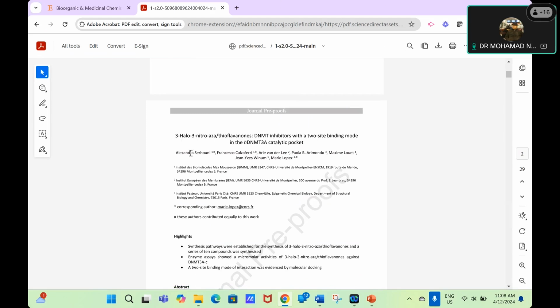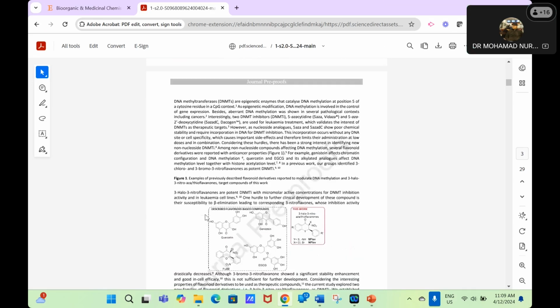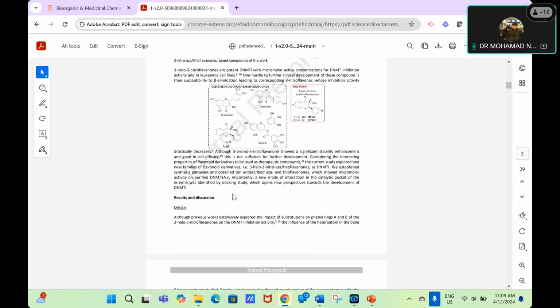They have the title, the list of authors, affiliation, corresponding author, highlights, abstract, keywords. Some publications need figures inside the text, and some need them separate. In this case, they are put together.